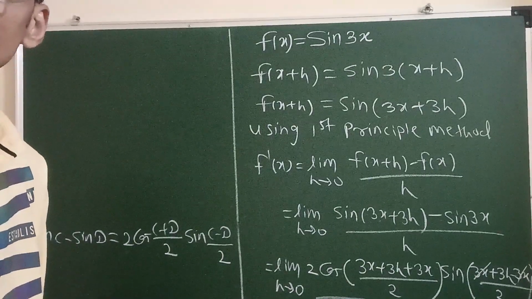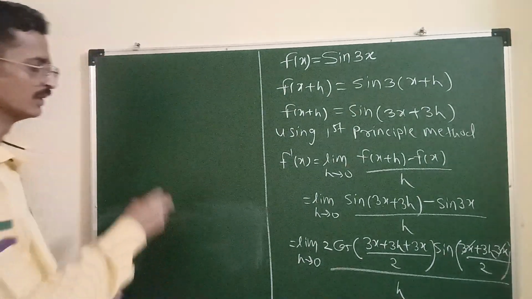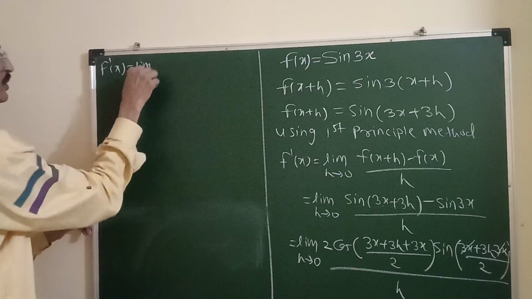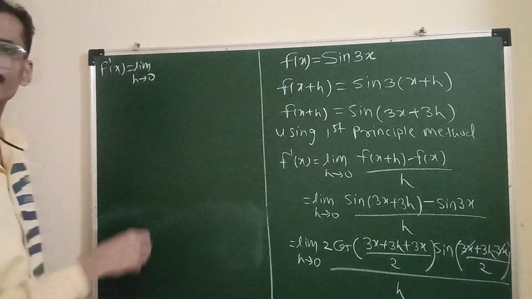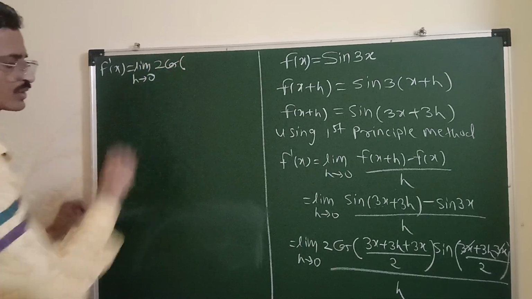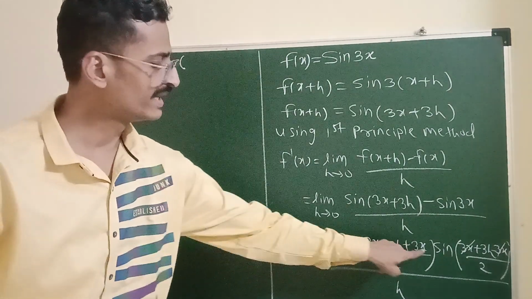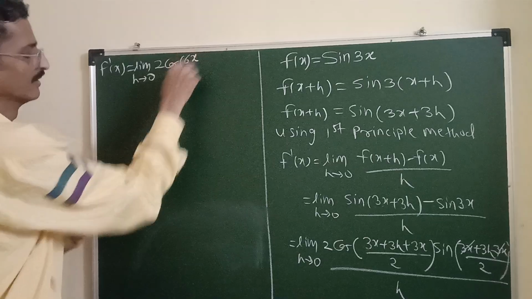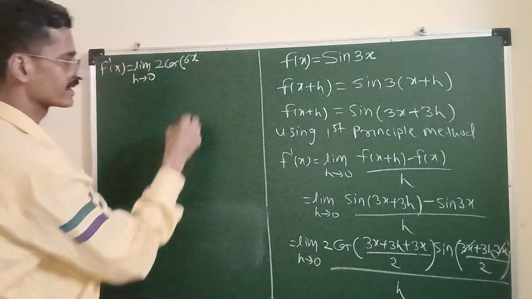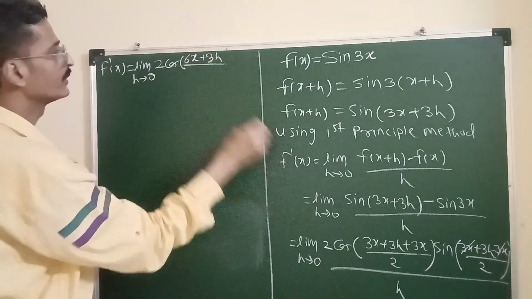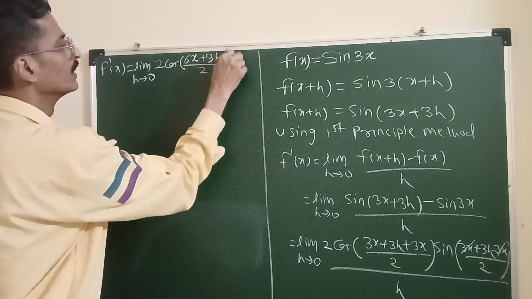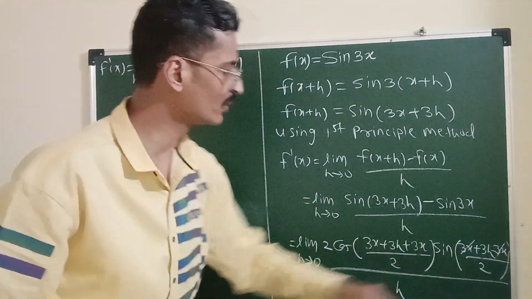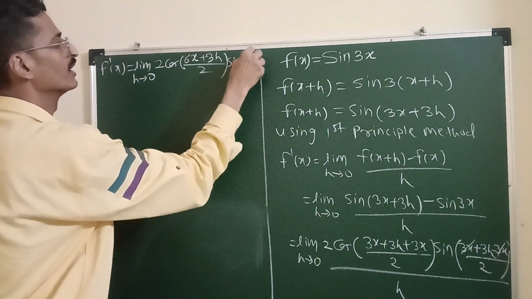So now let us simplify this. So f dash of x is limit h tends to 0, 2 into cos of 6x plus 3h upon 2, into sine of 3h upon 2, upon h. Here 3x plus 3x is 6x, and in the sine 3x minus 3x cancel, so the remaining is 3h upon 2.